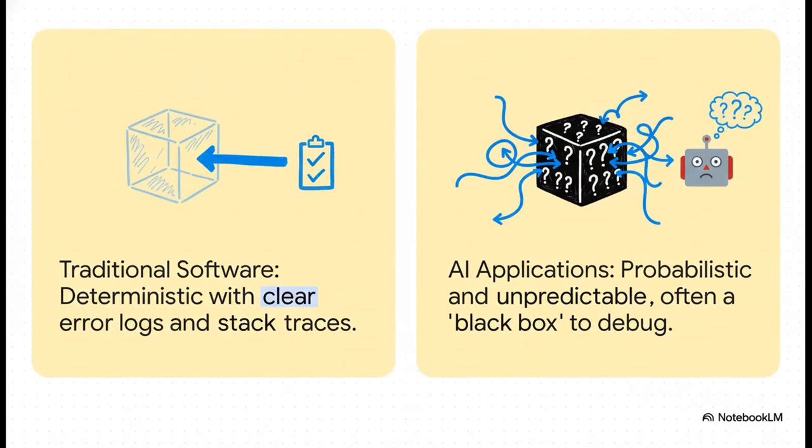Now, this is so important because it shows us why we even need a brand new type of tool. Traditional software is deterministic, right? You put in A, you get out B every single time, and you get these nice, clean error logs. AI, on the other hand, is probabilistic. It's kind of unpredictable by nature. It can feel like a total black box, which makes debugging with the old methods almost impossible.